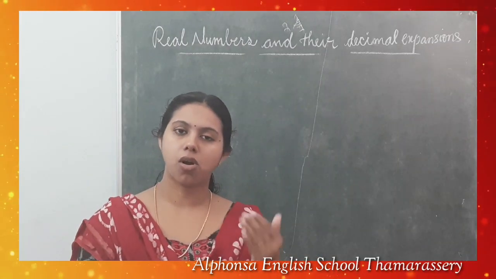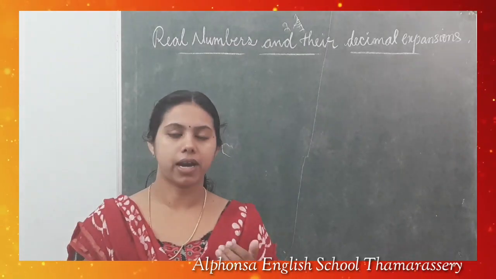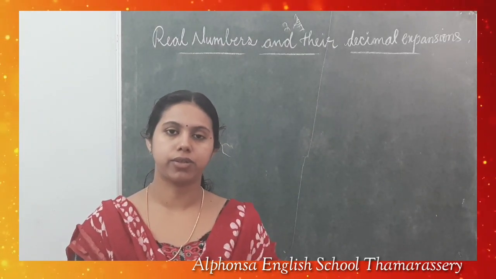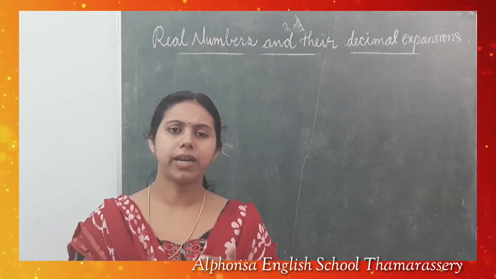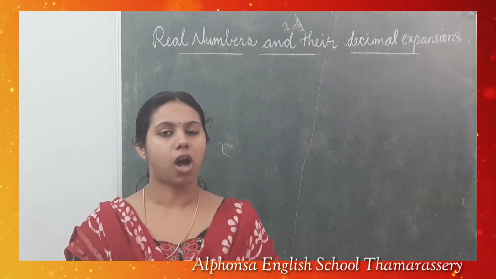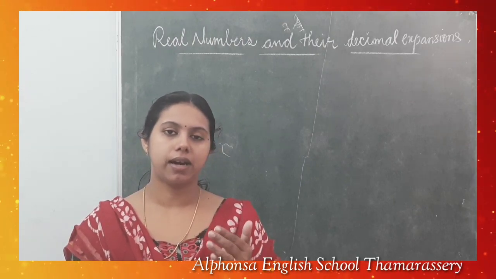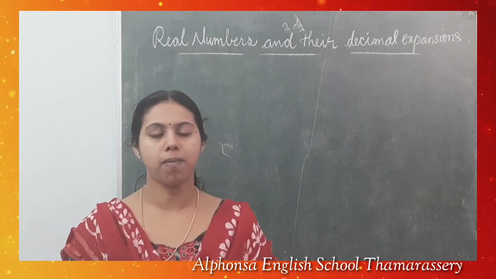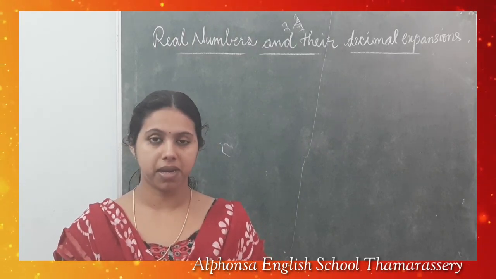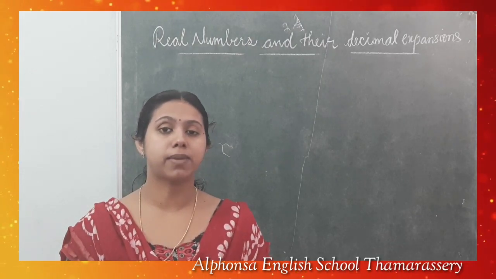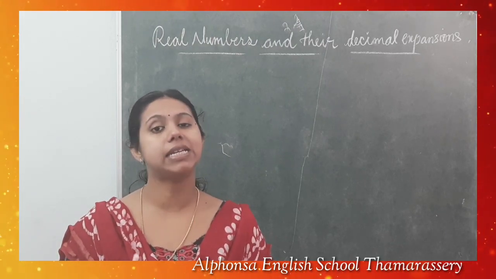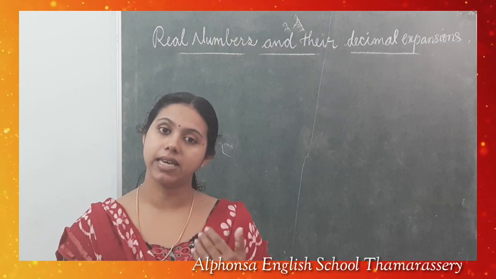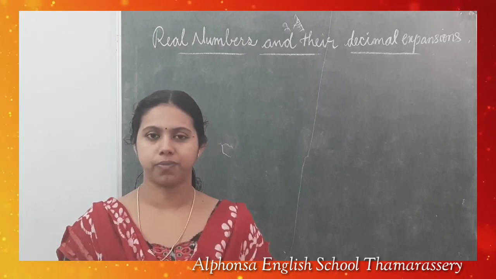So from all these examples, we understood that every number with a non-terminating recurring decimal expansion is expressed in the form p by q. That means a number whose decimal expansion is non-terminating recurring is rational.